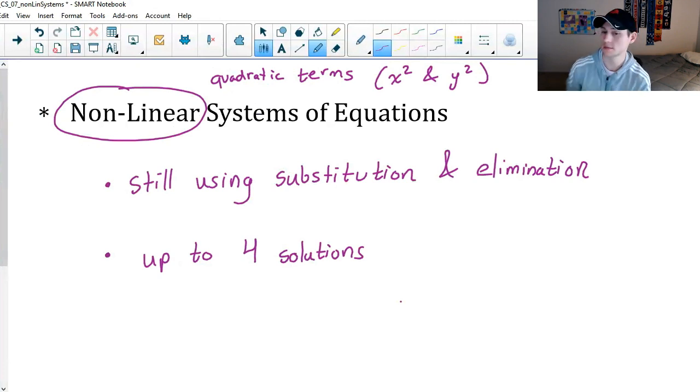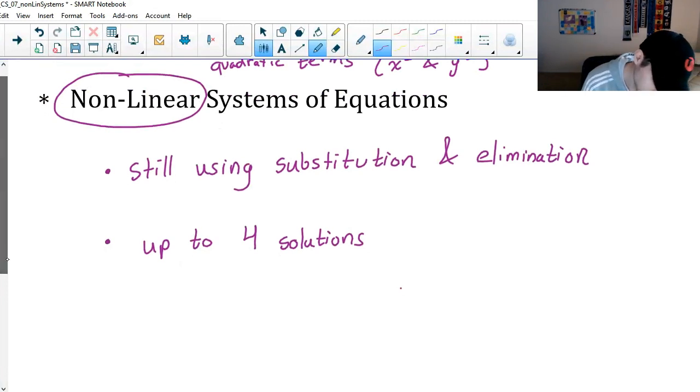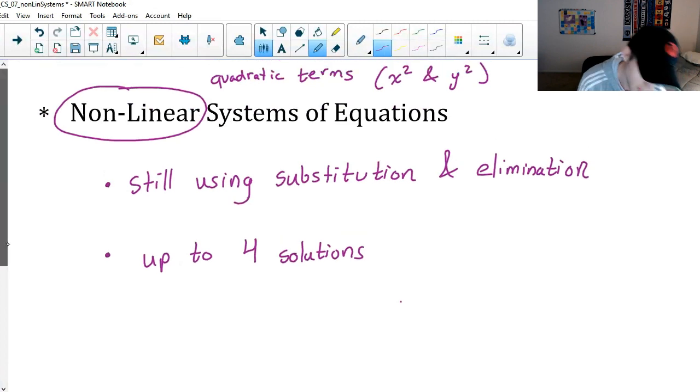Unfortunately, for nonlinear systems, that isn't exactly the case. We could end up with one solution, 2, 3, or 4. So it's much less clear what we should end up with here, and we have to be a little more careful and diligent. I could write more about the specific steps, but that's the general idea.